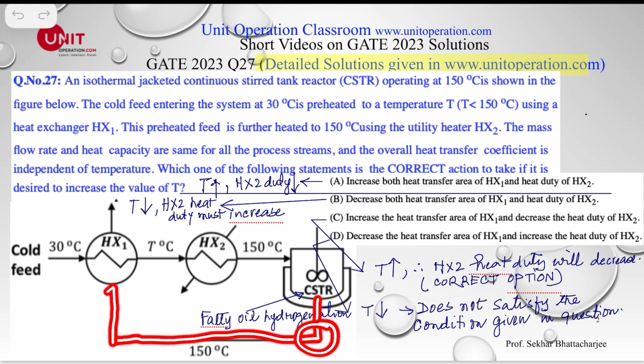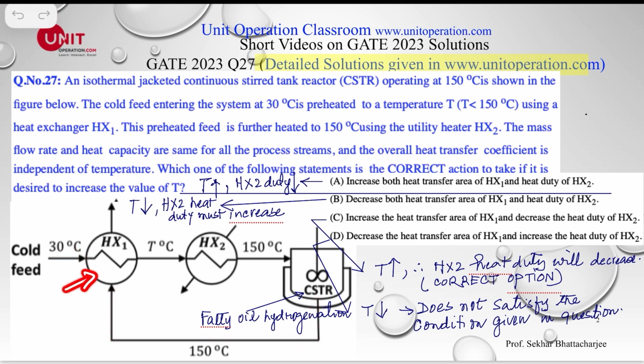So it is a concept in economics that we recover some amount of that heat before the feed goes to the reactor. And for that, we use a preheater. So this is my preheater, where the cold feed exchanges heat with the product which is coming out at 150 degrees Celsius.